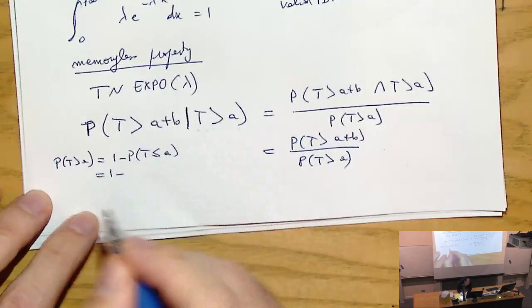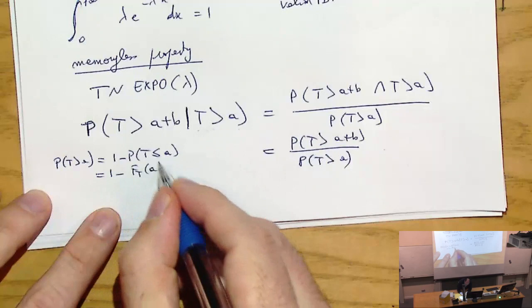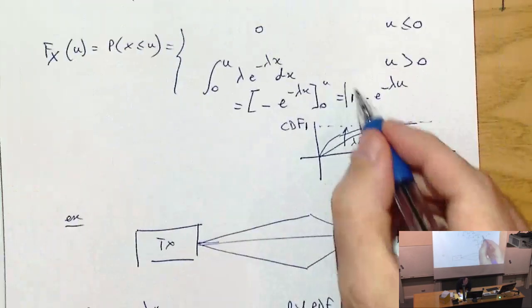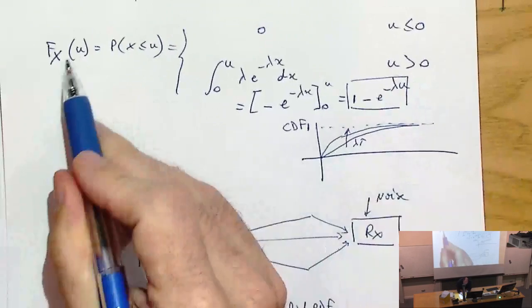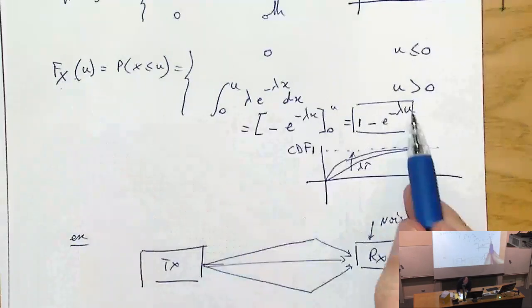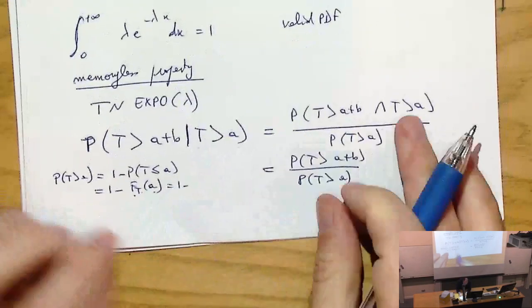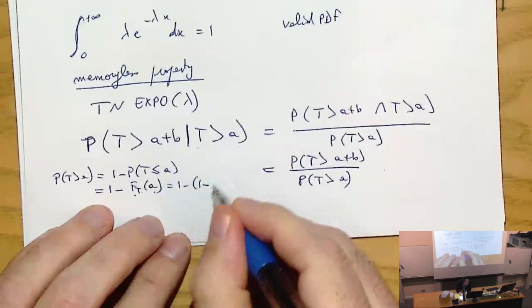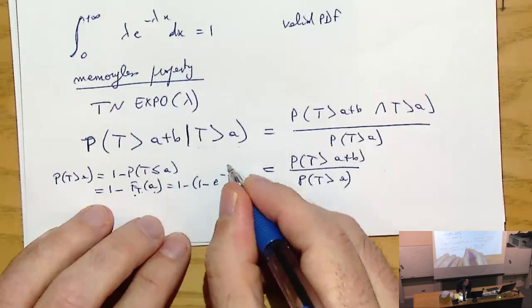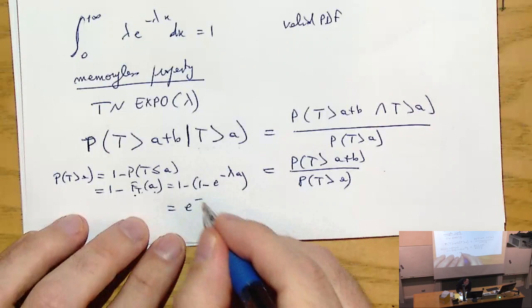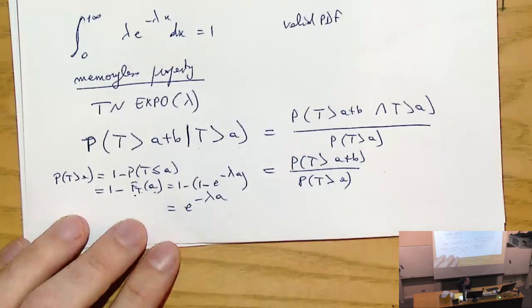So this is 1 minus F of T evaluated at a. This is 1 minus what we have here, that's the CDF evaluated at a. So it's 1 minus (1 minus e^(-lambda a)). Right? So this gives you e^(-lambda a).